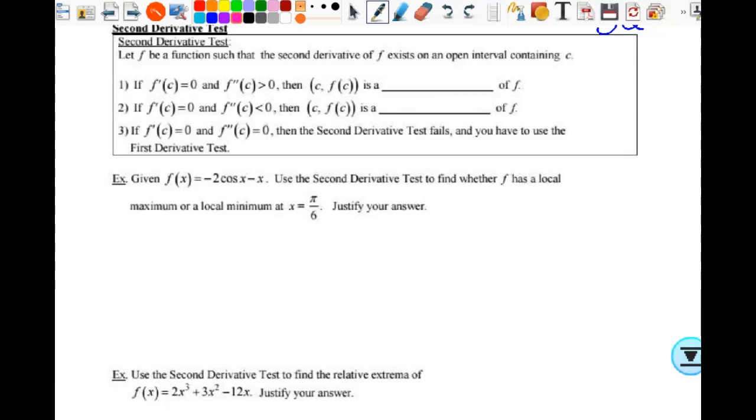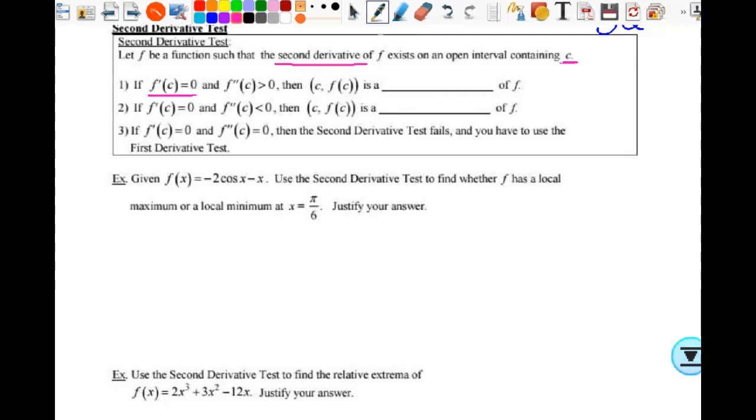So our second derivative test says, let f be a function such that the second derivative of f exists on an open interval containing c, which is just some x value, right? So if f prime of c equals 0, so we're still going to have to find our first derivative and the zeros, okay?